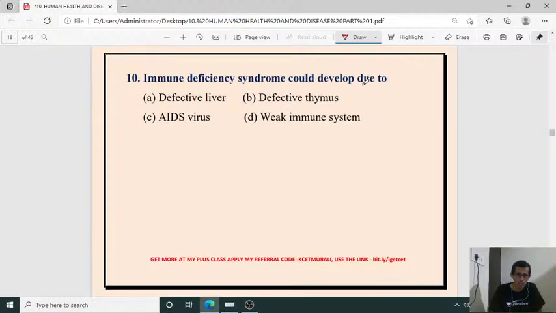That is the 10th one. Immune deficiency syndrome could develop due to what? Immunity power reduction, and as a result, a group of symptoms will appear. What is the reason? For the 10th one, it is the HIV virus or AIDS virus.